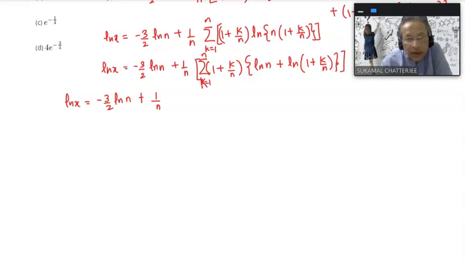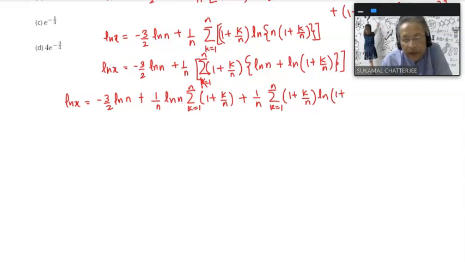So you get 1 upon n into ln n, since n is not dependent on k, into the summation of k equals 1 to n of 1 plus k upon n, plus 1 upon n into the summation of k equals 1 to n of 1 plus k upon n times ln of 1 plus k upon n. So this is your expression.